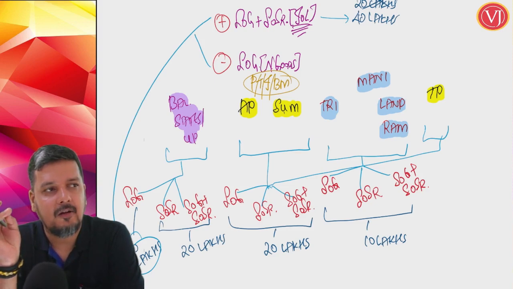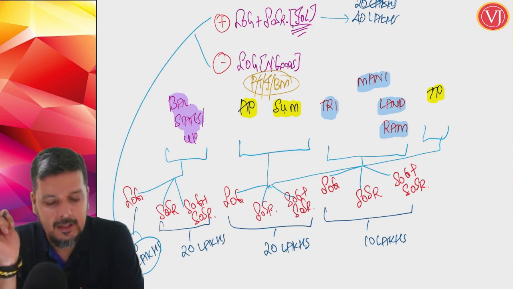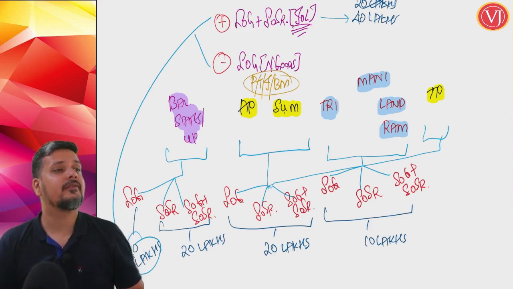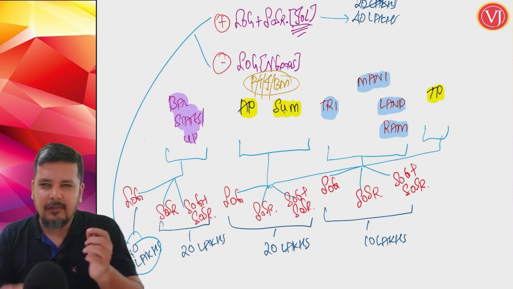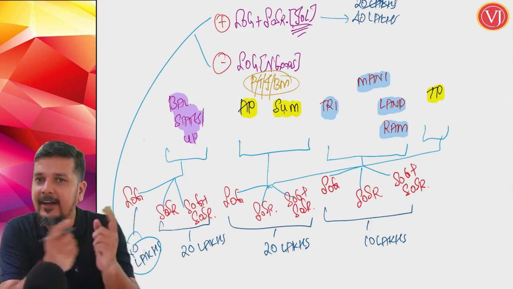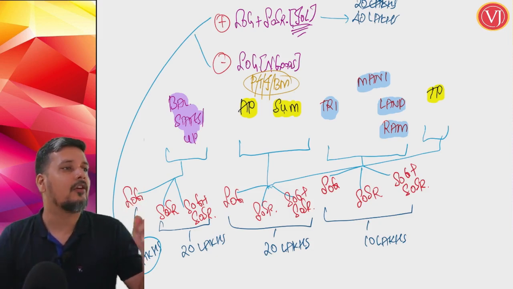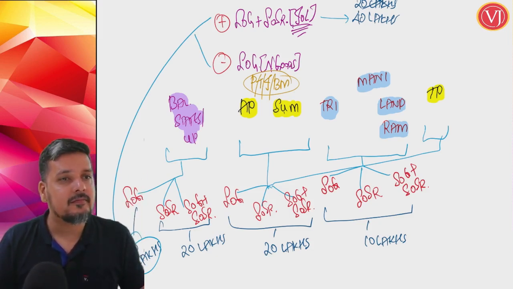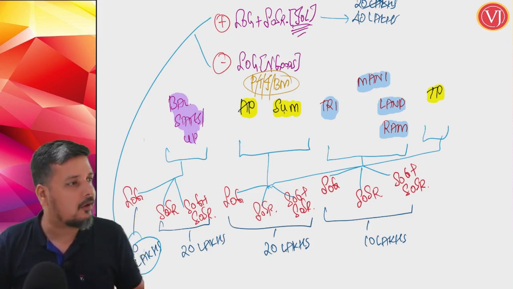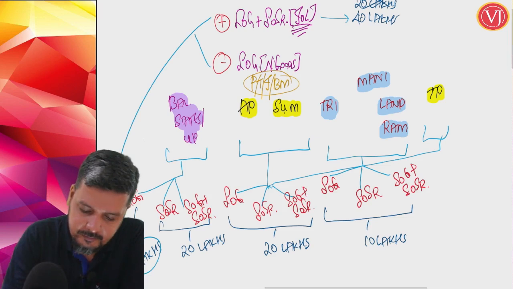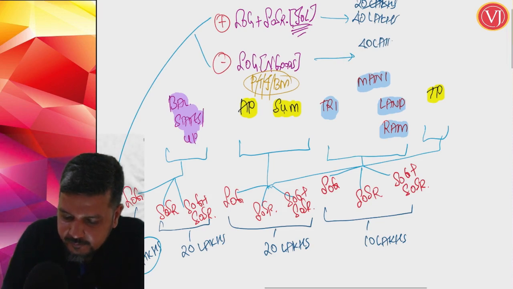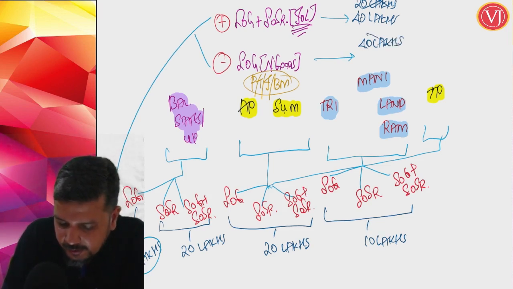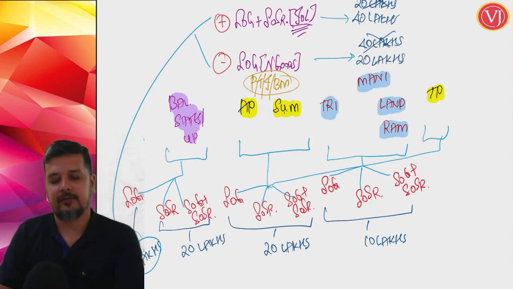Even though you're dealing with goods only in that state, one small item is notified goods. You're dealing with hundreds of goods, one of the items is ice cream. You're dealing with hundreds of goods, one of the items is say tobacco. Finished. Normally, if you're dealing with only goods, your answer would have been 40 lakhs. But if you're dealing with notified goods, you'll go down to 20 lakhs.